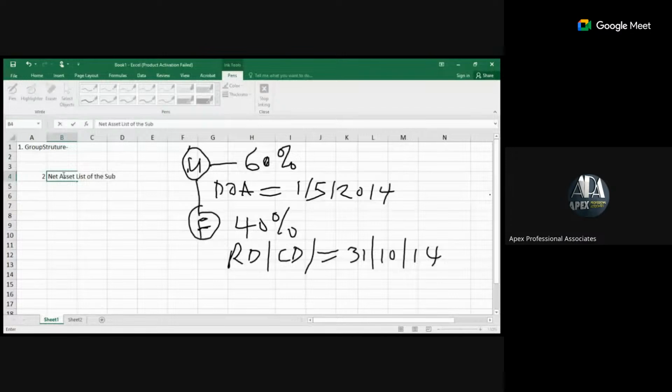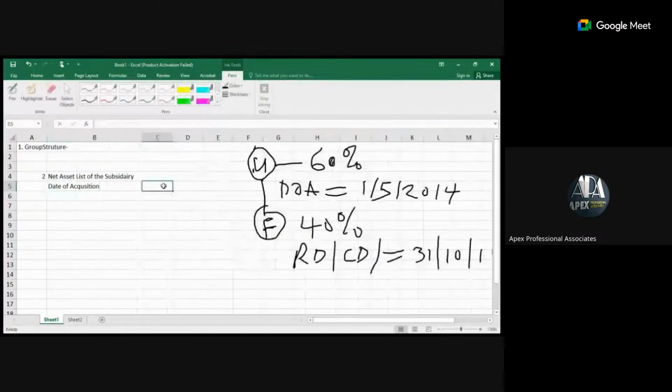In this, I would have the date of acquisition, because this will be in your workings, you can abbreviate. I call it reporting date.